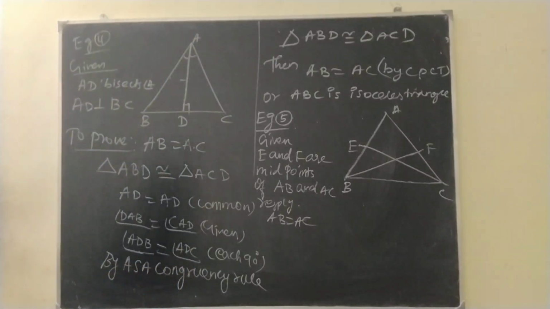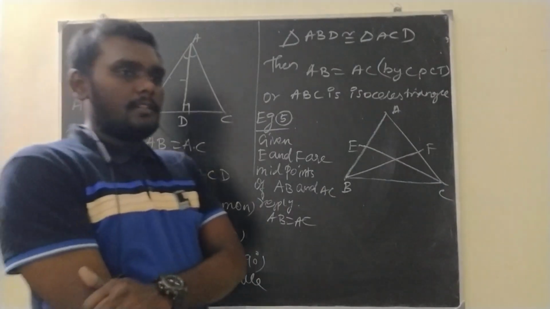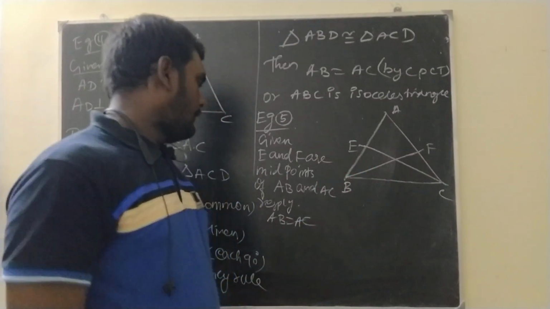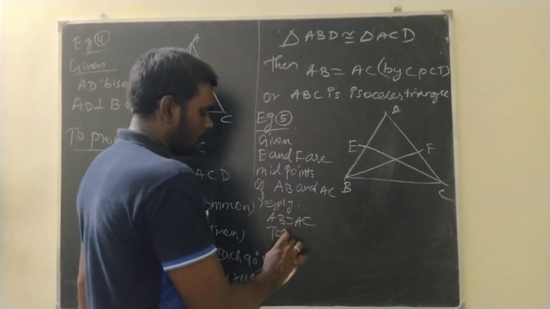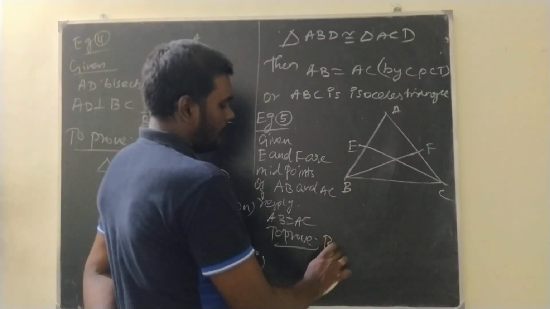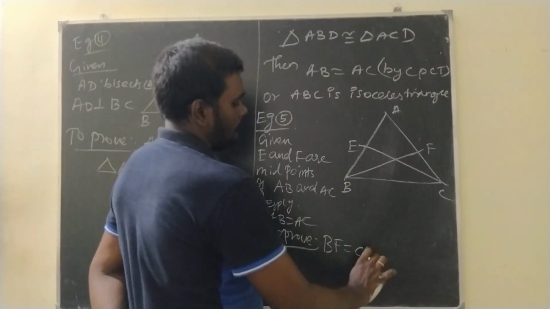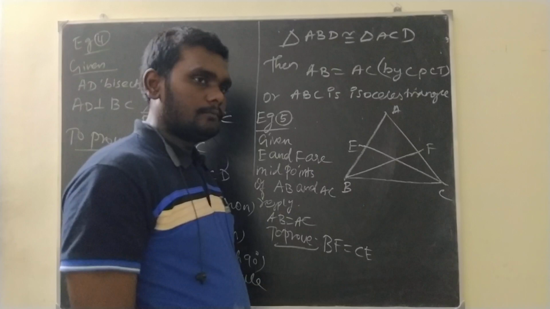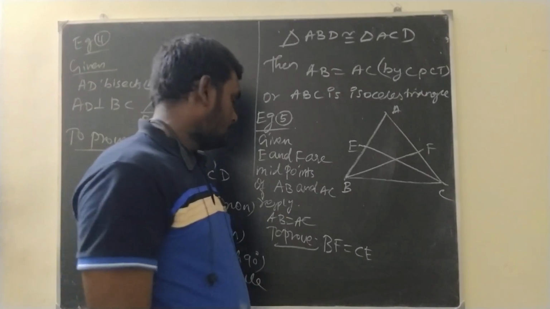Not that the triangle is isosceles, that is not mentioned; they just mentioned these two sides are equal. Now, we need to prove BF equals CE.